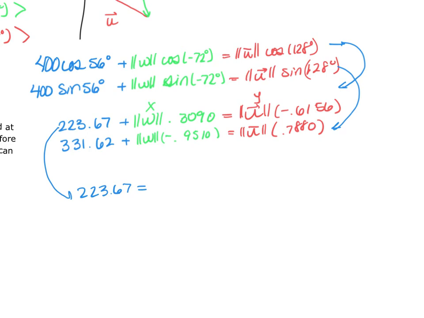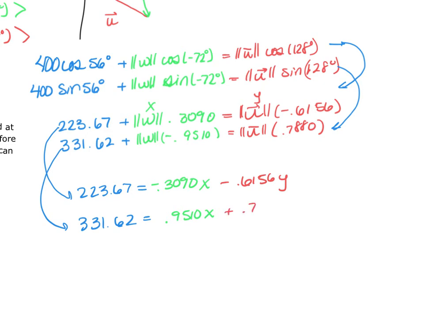So I have 0.3090x, and don't forget it's a negative because I moved it over to the other side, minus 0.6156y. 331.62 is equal to, bringing that negative 0.95 to the other side gives me a positive 0.9510x plus the 0.7880y. I just use x's and y's because it's easier, remembering, of course, that x is equal to the magnitude of w and y is equal to the magnitude of u.